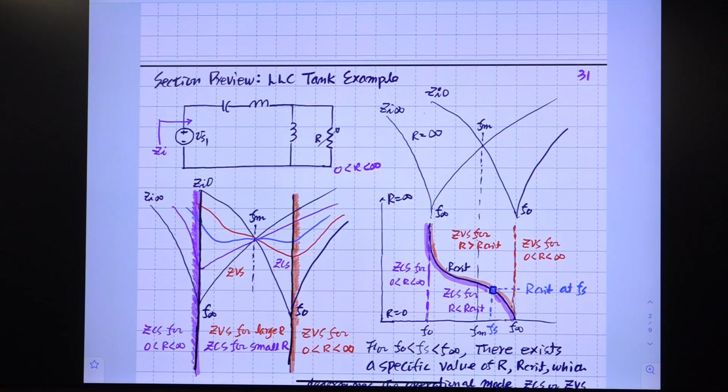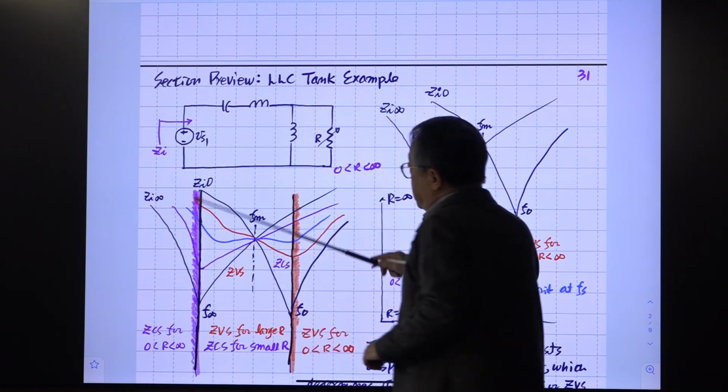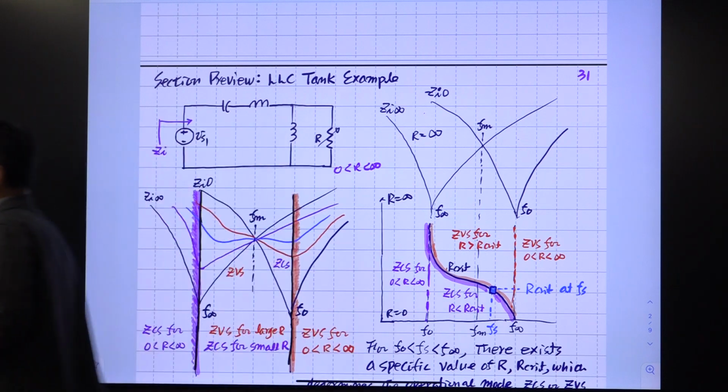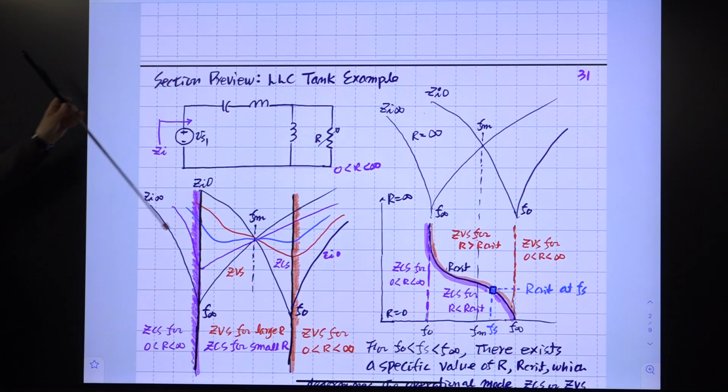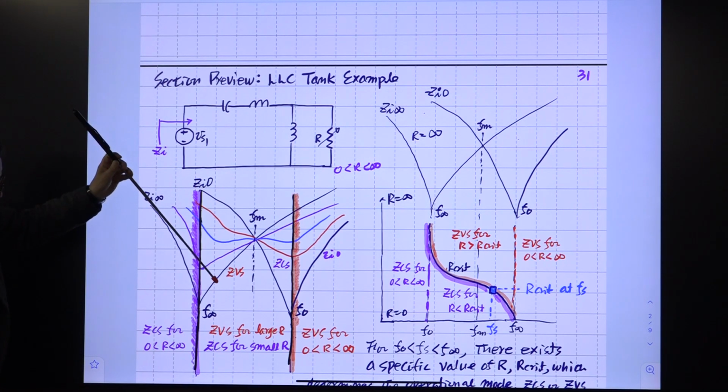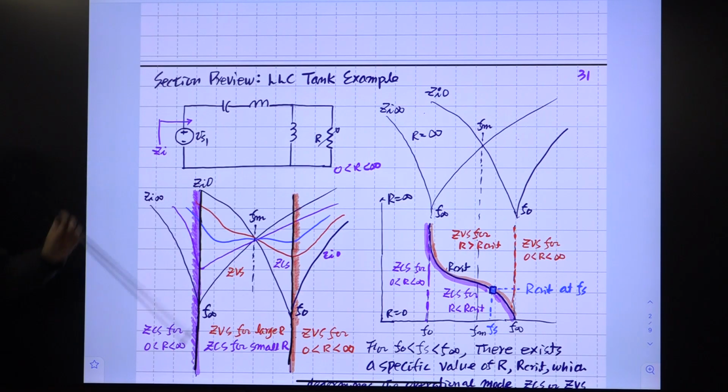Okay, so we have one curve, GI infinity. Let me start from the smaller one. We start with GI0, so GI0 is this, right? All right, and we move down here. We increase R and reach this point, GI infinity, and the GI infinity is here.